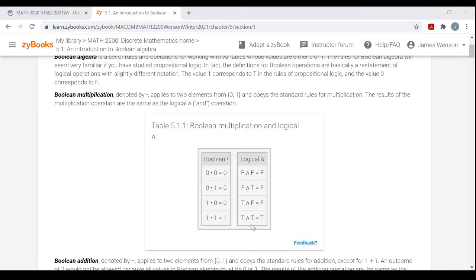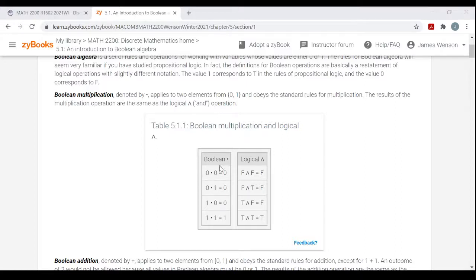The only time a conjunction ended up being true was when both individual propositions that made up the conjunction were true. True and true was true. Well, if you just replace all these falses with zeros and all the trues with ones and all the conjunction symbols with the multiplication symbols, you get exactly the same thing.